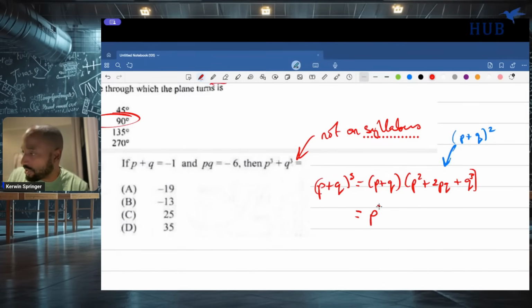And then you have P cubed plus 2P squared Q plus Q squared P. So we multiply P by everything: P cubed, 2P squared Q, plus Q squared P. And then you'll have Q by everything, so plus Q P squared plus 2P Q squared plus Q cubed.